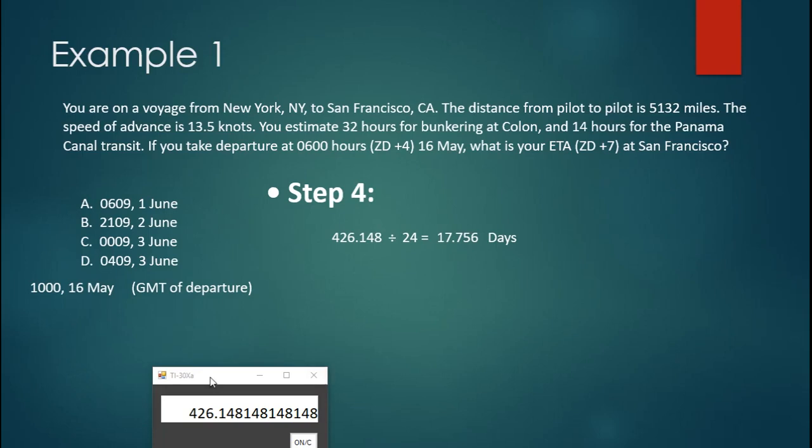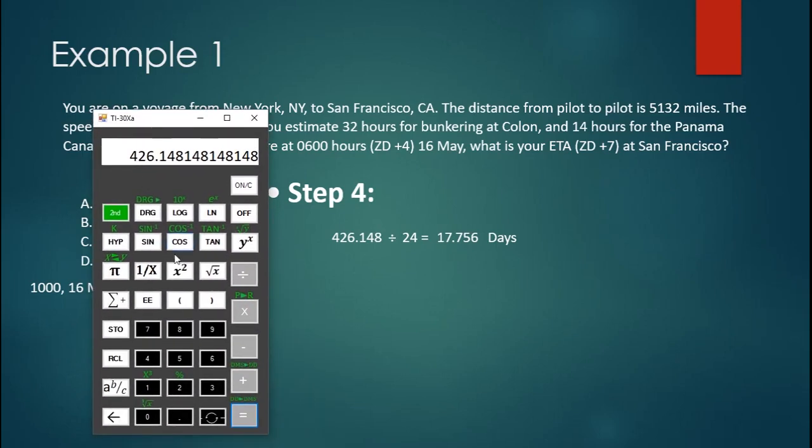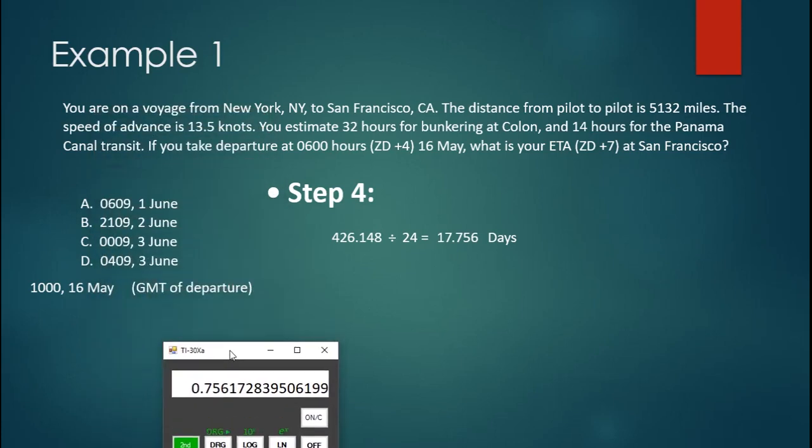But in our calculator, we're going to divide by 24. And we've got that decimal. And then we're going to subtract that 17 from it, because that's our days. So minus 17 equals, and we'll leave that decimal.